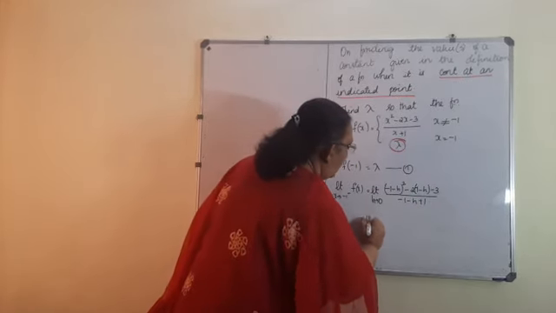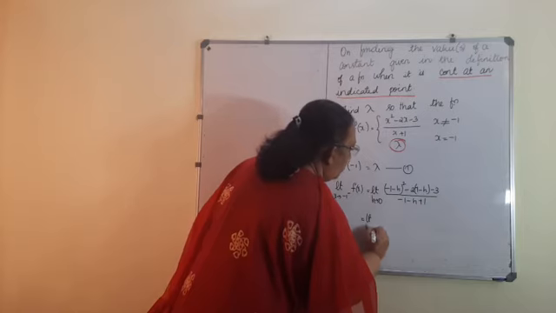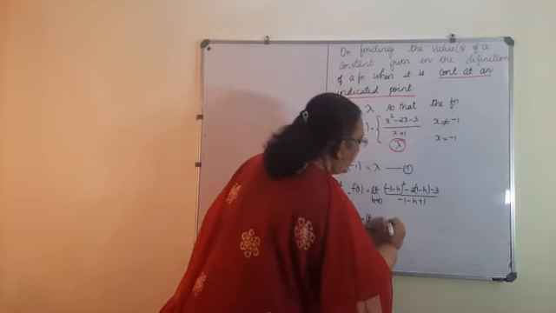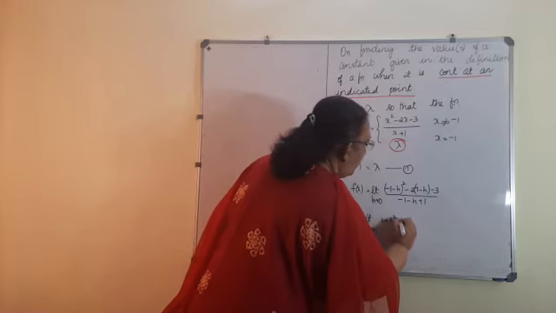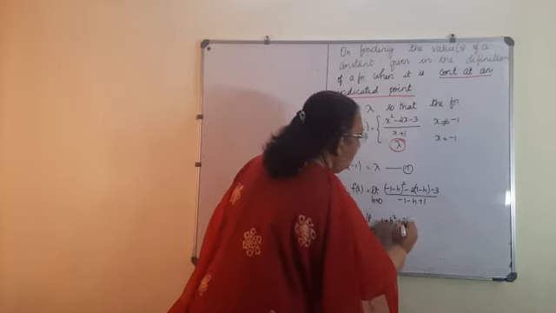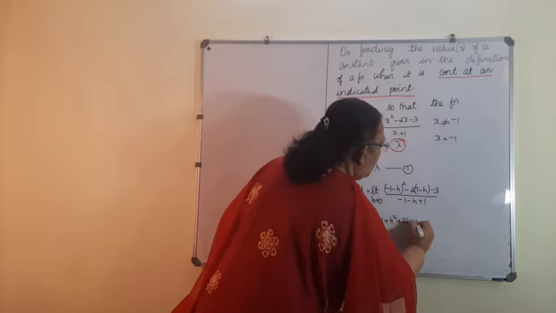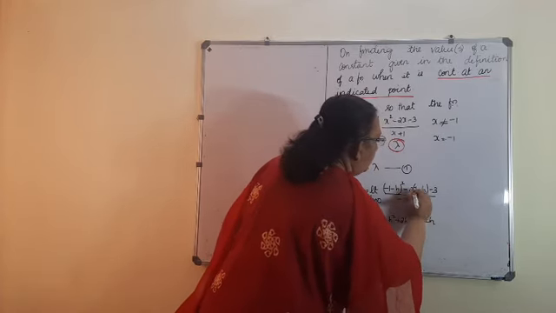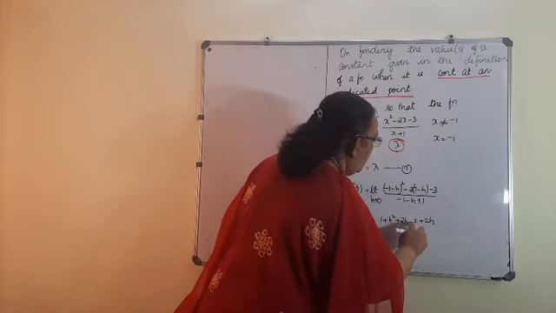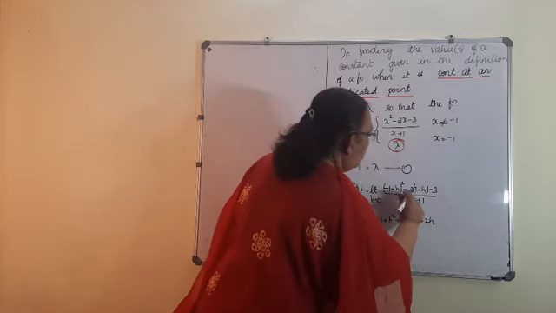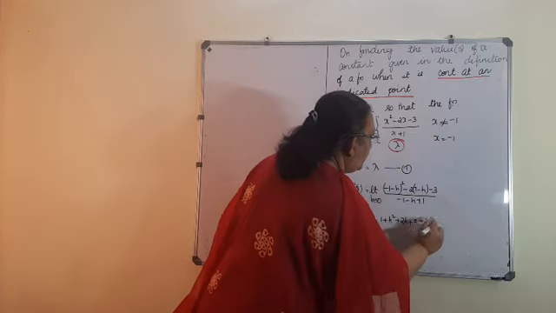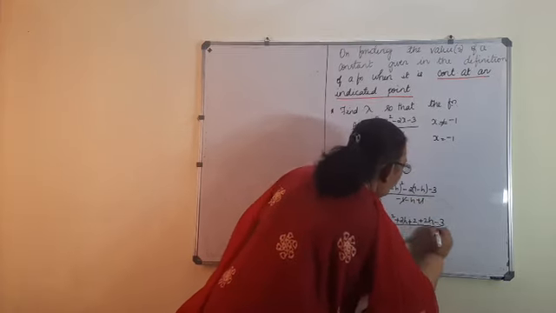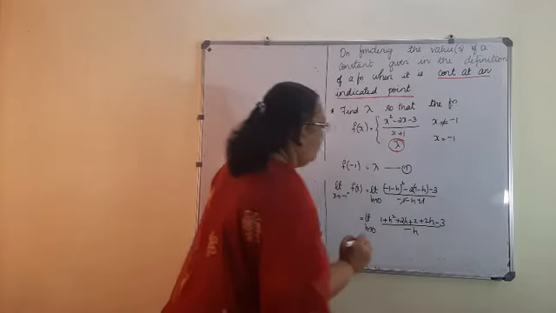That equals the limit as h tending to 0, with a minus b the whole square being a squared plus b squared plus 2ab, of 1 plus h squared plus 2h minus 2 plus 2h plus 2 plus 2h minus 3 divided by minus h.